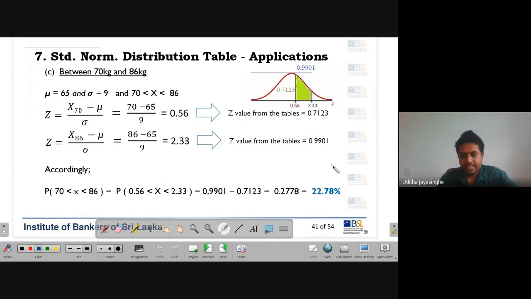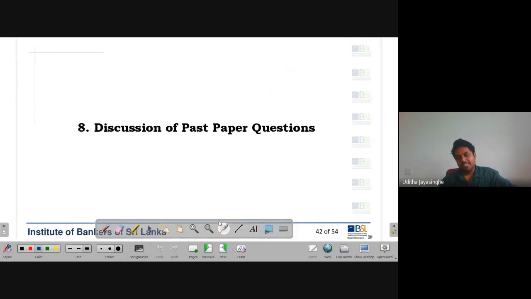You deduct one from the other. 22.78 is the answer, or you can formally say that there is approximately a 22 or 23% probability that the weight is going to be between 70 to 86. Okay, so that's the third style of application.